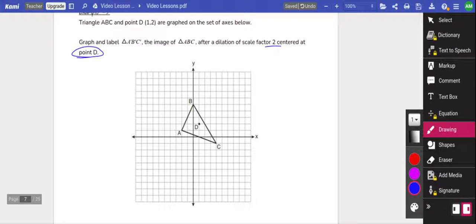It's a random point. But let's see if our strategy is going to be any different. Starting at our center, we're going to count to each of our vertices. So starting at point D, I'm going to count up 3, right 1, up 3, right 1. Because the scale factor is 2, and now I have 2 slope triangles, I'm done with my dilation.